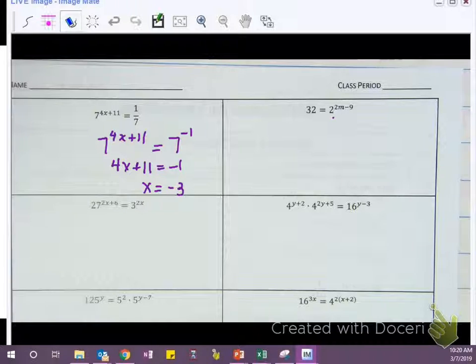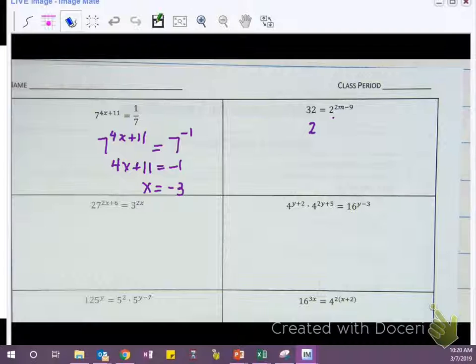Okay, the way you figure this out is you just count on your fingers. Your fingers are always with you. You're not cheating if you count on your fingers. 2 times 2 is 4, times 2 is 8, times 2 is 16, times 2 is 32. 5. Okay, 2 to the 5th is 32.